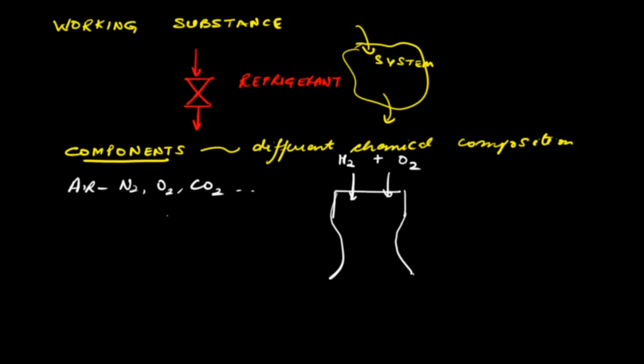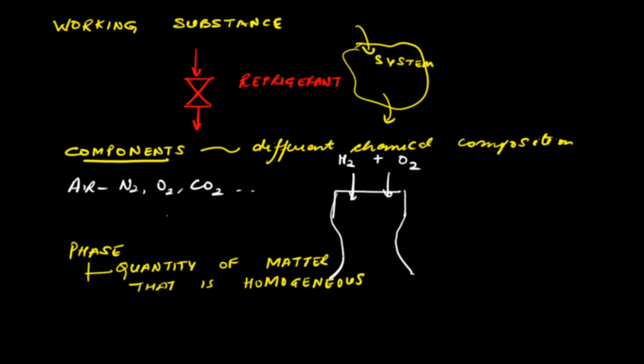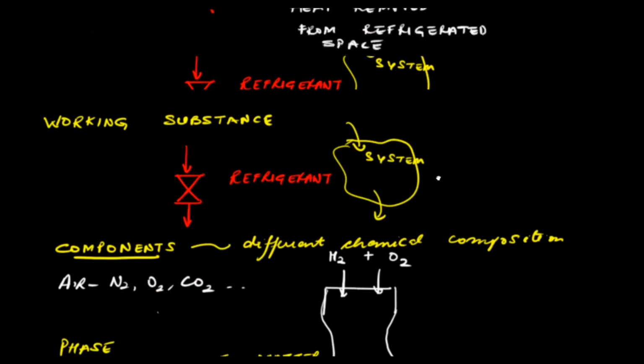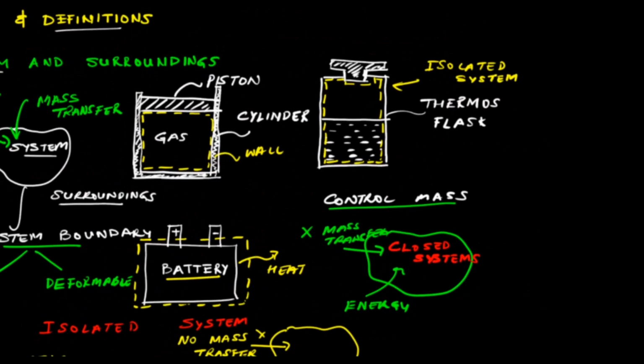So a phase is another thing that you need to know. A phase refers to a quantity of matter that is homogeneous. For example, let's go back to this thermos flask.